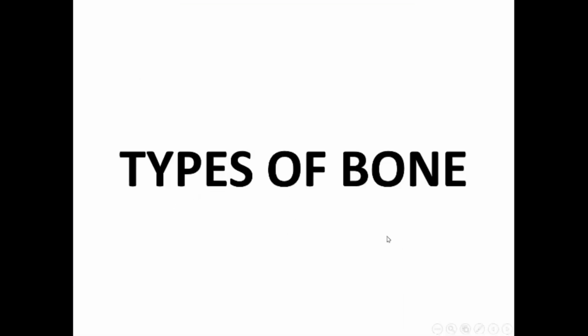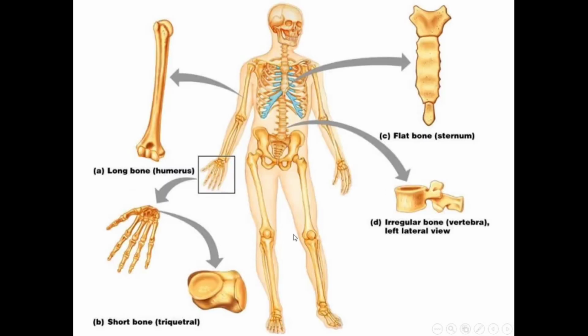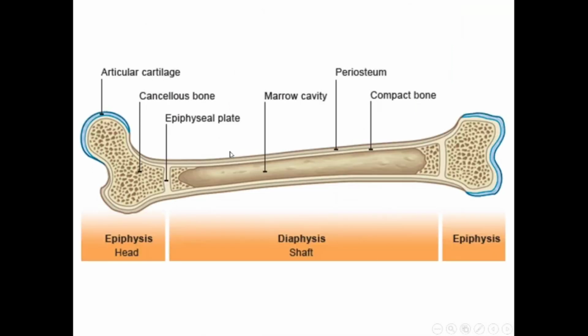Let's go to the classification of bone. The first is classification by anatomy. In anatomy we have long bones, short bones, flat bones, and irregular bones.